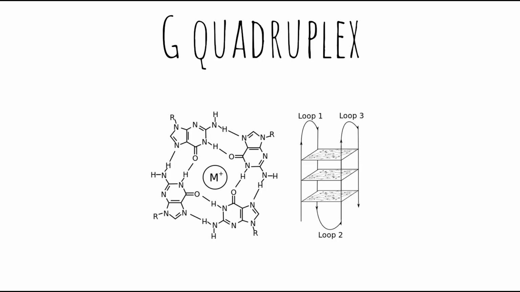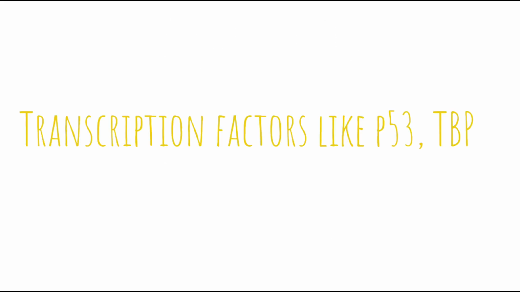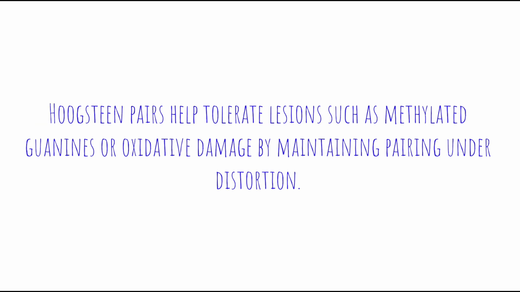In DNA-protein complexes, transcription factors like p53, TBP, and polymerase induce local Hoogsteen pairing to recognize and bend the DNA. In the DNA damage response, Hoogsteen pairing helps in tolerating lesions such as methylated guanine or oxidative damage by maintaining the pairing under distortion.